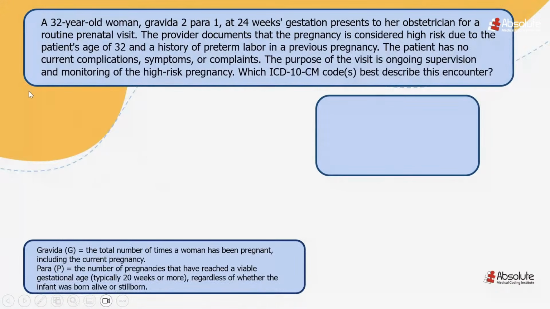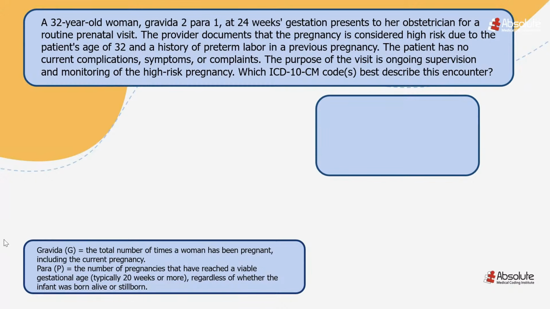So first and foremost, before I go over the keywords again, if anyone was unsure about the gravida and the para wording right here, the gravida is going to be the total number of times a woman is pregnant, including the current pregnancy.